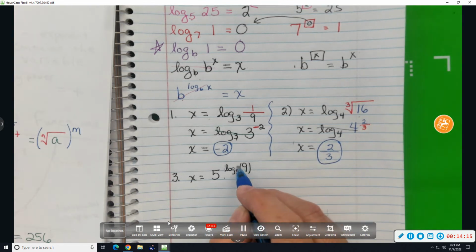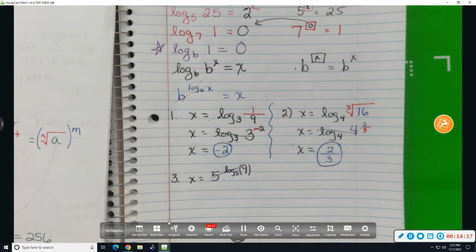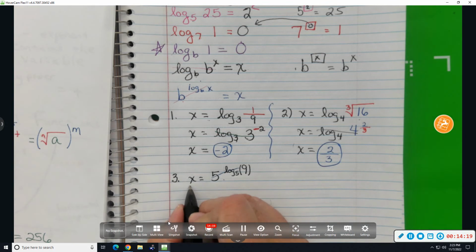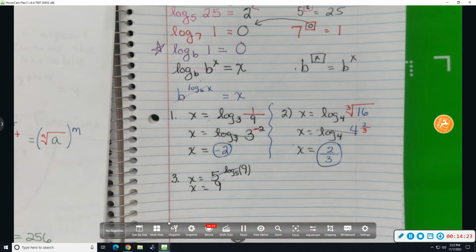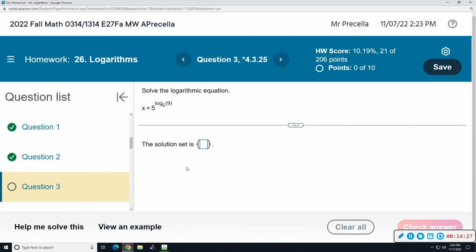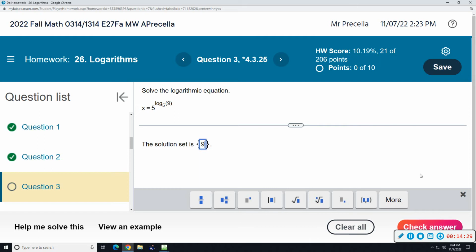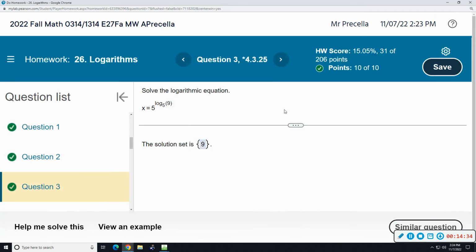So all of that's going to cancel out, leaving just x equals what? 9. x equals 9. On this one, it's always going to work: you have the same big number and small number, and they cancel out.